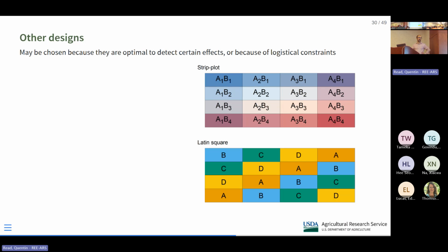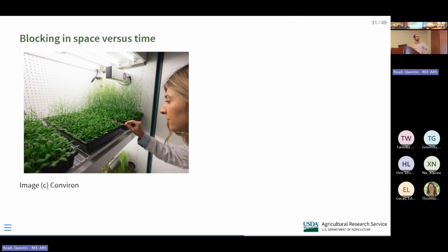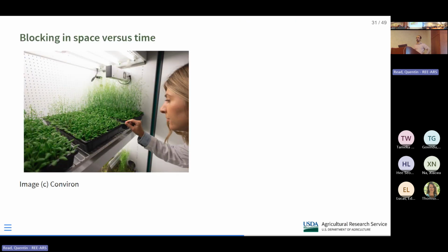And there's strip plot, there's Latin square, like a Sudoku board, basically. There are all kinds of designs that can be more efficient for particular questions. So I'll skip that.